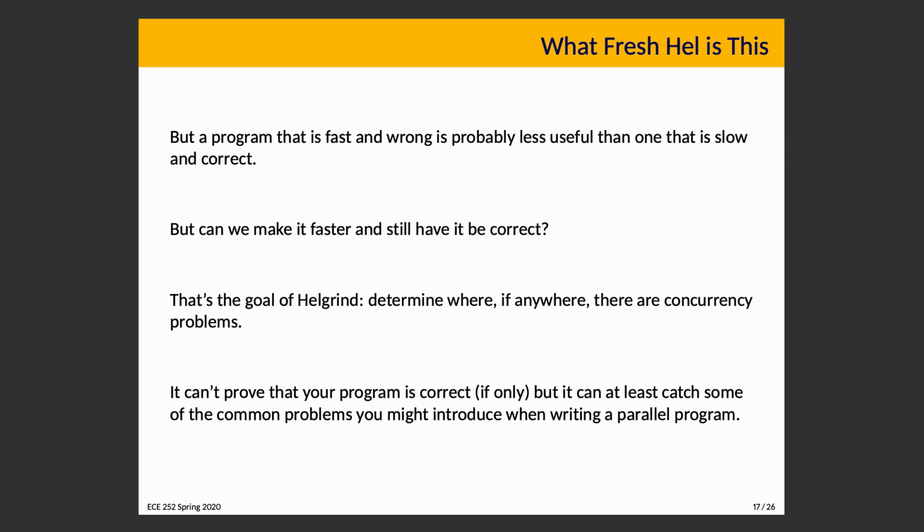That's hard. Helgrind, like Valgrind, works only on what it sees. So it uses its observations of the behavior of the program and can identify concurrency problems. Can you think of any kinds of concurrency problems?